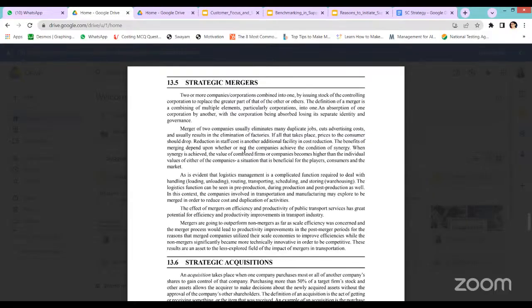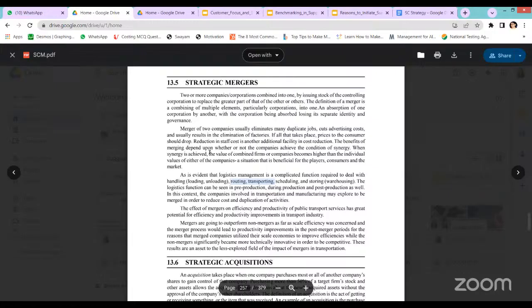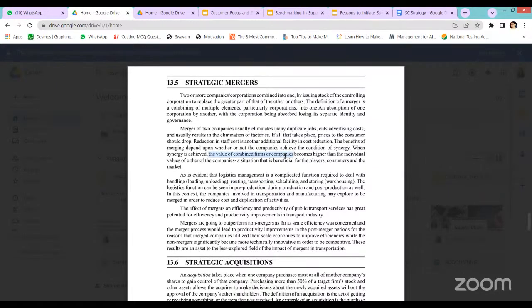These mergers in the supply chain may go horizontally, that is the benefit of synergy, where the same manufacturers merge together, or vertically, where the supplier and manufacturer merge together.